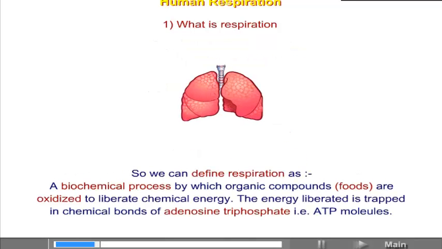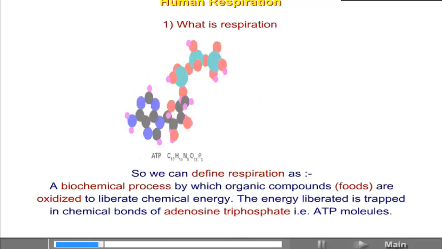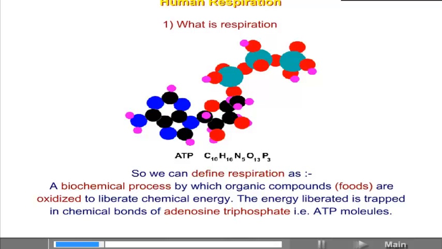So we can define respiration as a biochemical process by which organic compounds, that is foods, are oxidized to liberate chemical energy. The energy liberated is trapped in chemical bonds of adenosine triphosphate, that is ATP molecule.